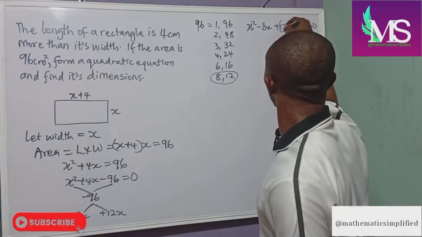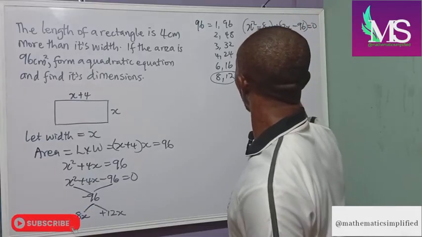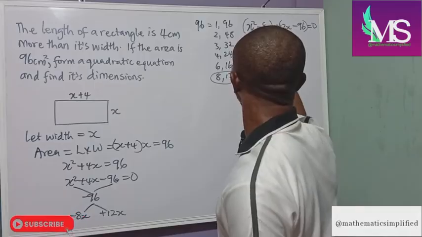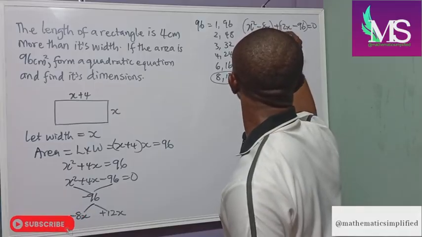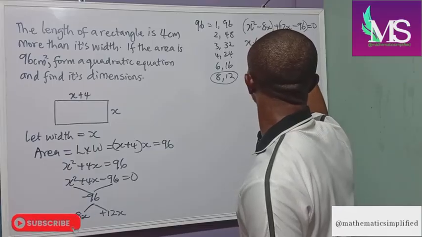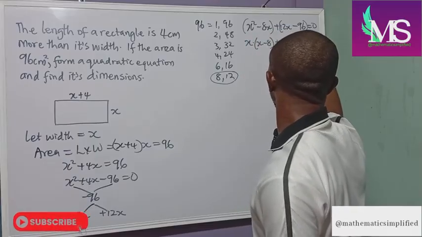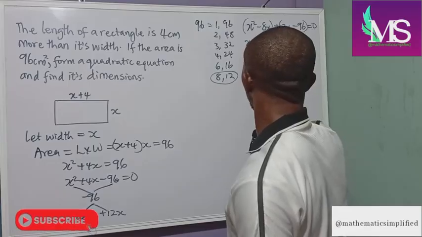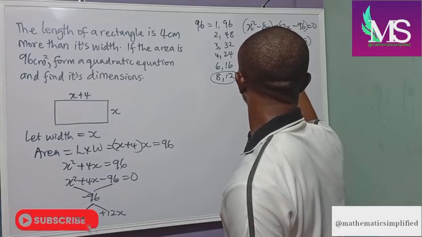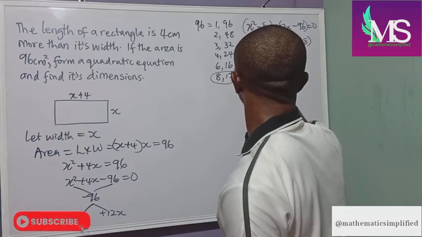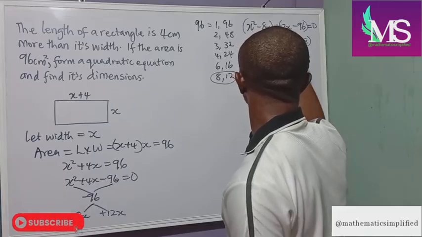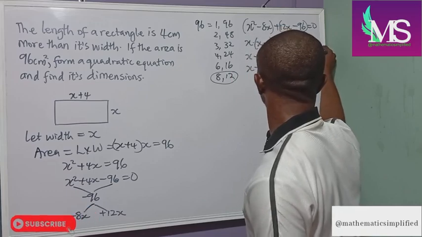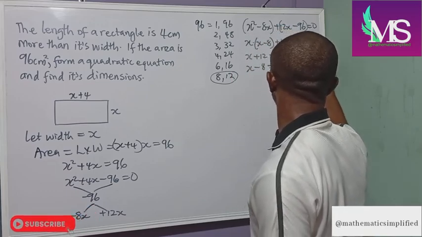So grouping these two together, what's common here is x, bracket x minus 8. What's common here is 12, bracket x minus 8. So x plus 12 equals 0, x minus 8 equals 0. So therefore, x equals minus 12 and x equals 8.